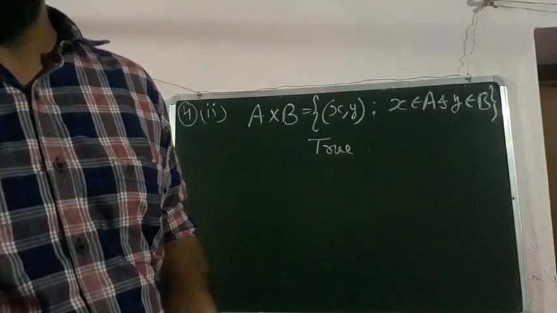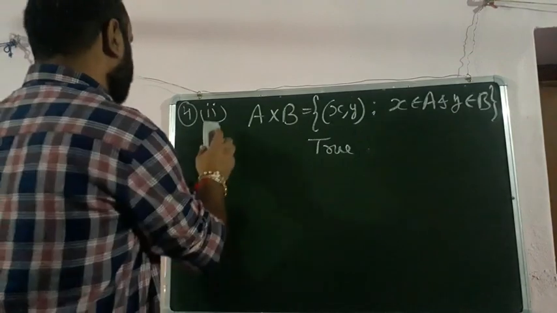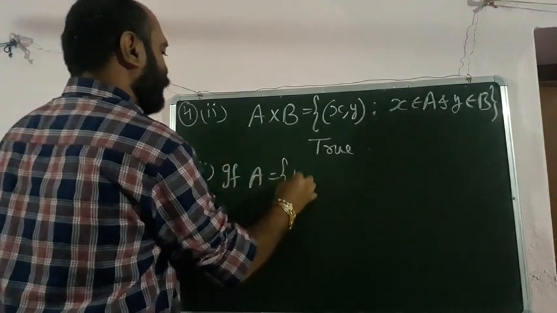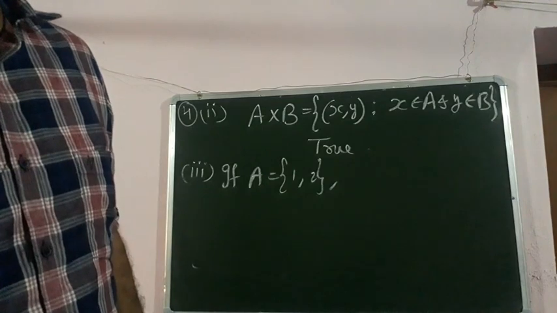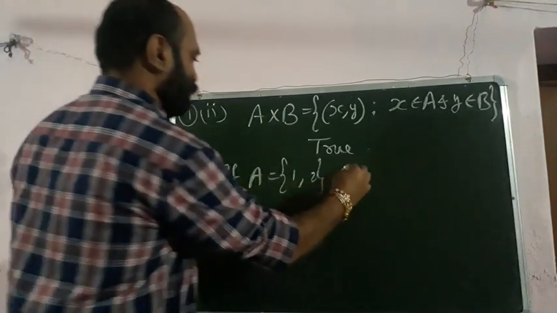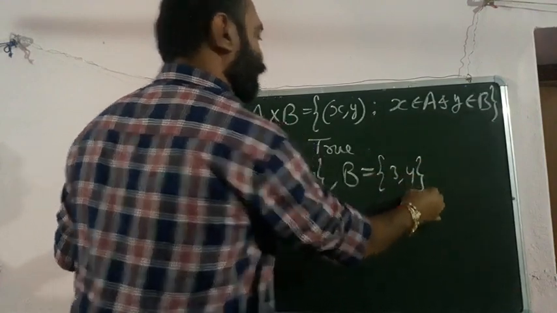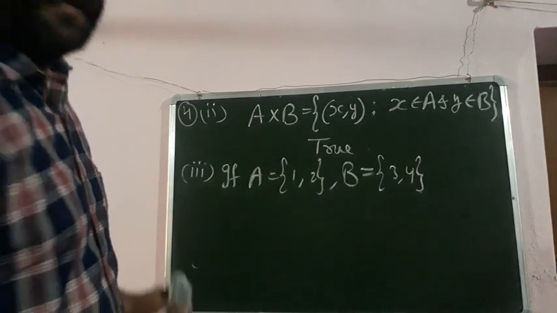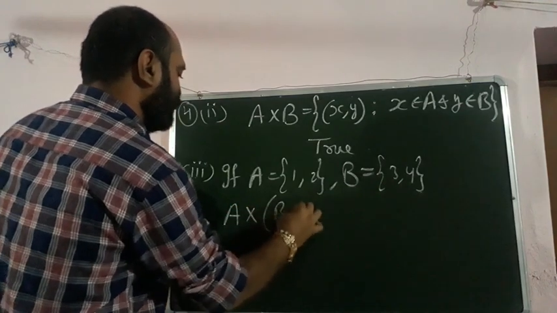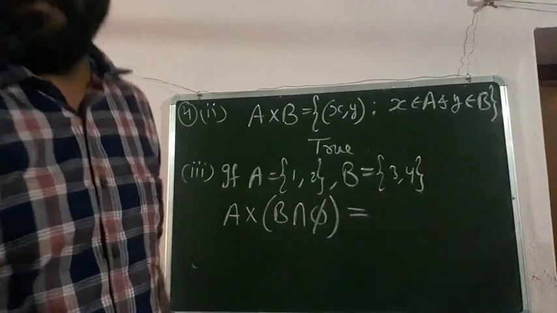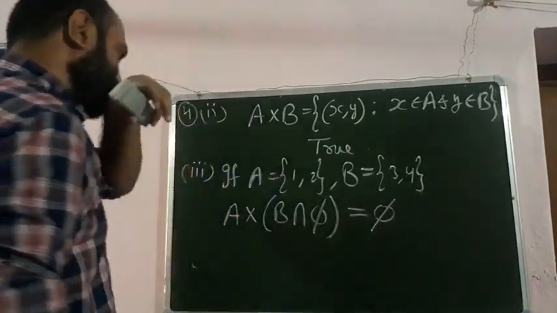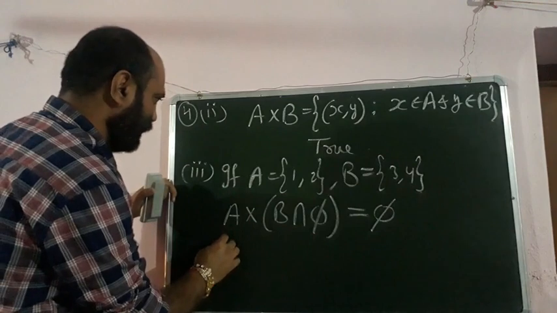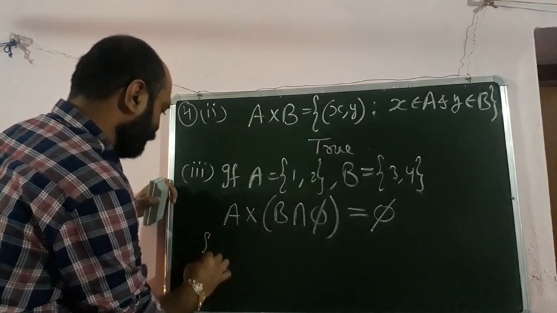Now the third statement: if A is equal to 1 comma 2 and B is equal to 3 comma 4, then A cross B intersection phi is equal to phi. We have to check whether this is true. First we find this statement. A is 1, 2.